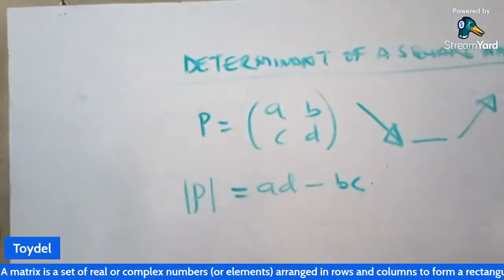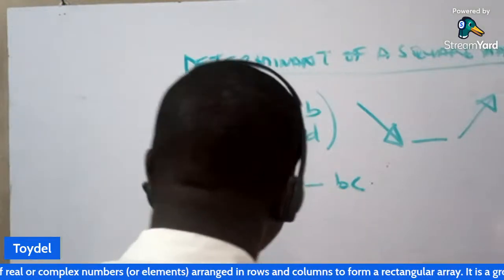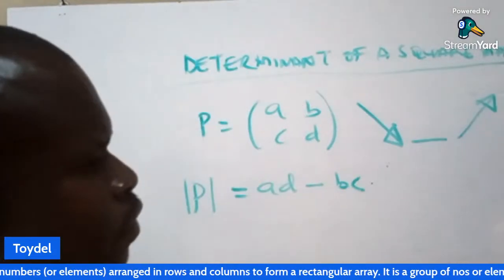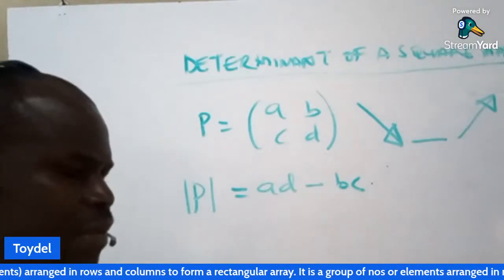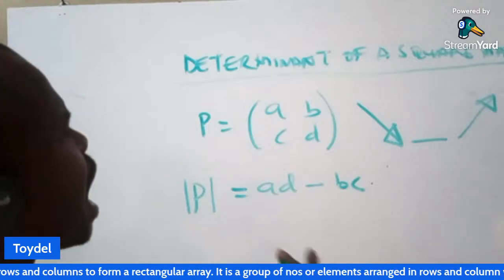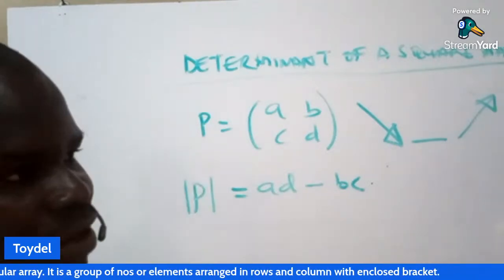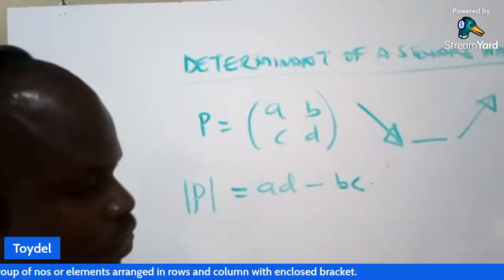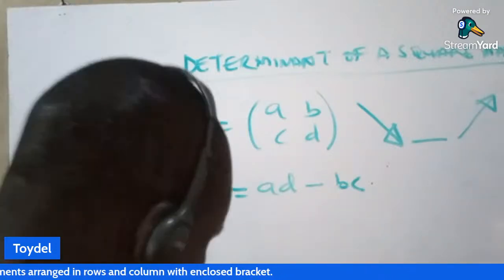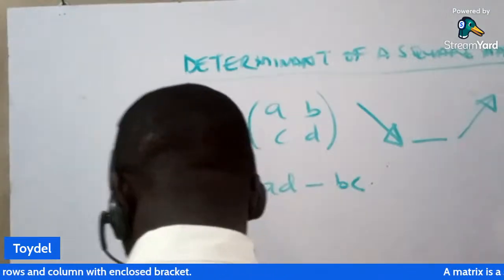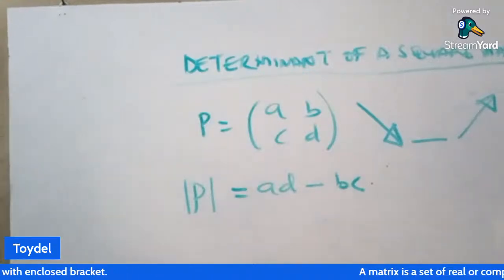Another application of the determinant of a matrix is that it is used for determining the inverse of a matrix. We are still going to consider the concept called the inverse of a matrix. How do we find the inverse of a matrix? The knowledge of the determinant is key, because once you find the determinant of a matrix and it's zero, that matrix has no inverse. The last application is that it is used for solving simultaneous linear equations.